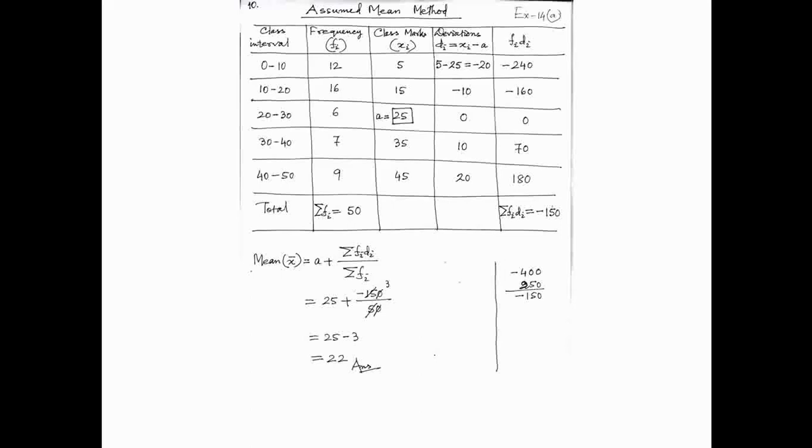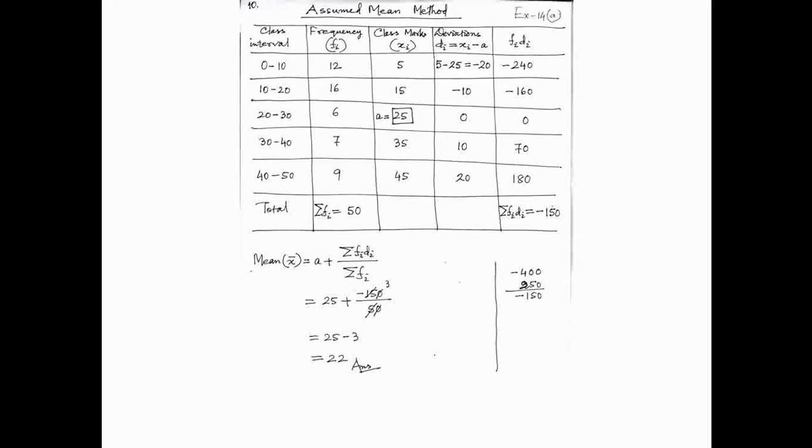Now in the first row, I am putting the value of xi as 5 and a equal to 25. So 5 minus 25 is minus 20. That means the deviation di equals minus 20.